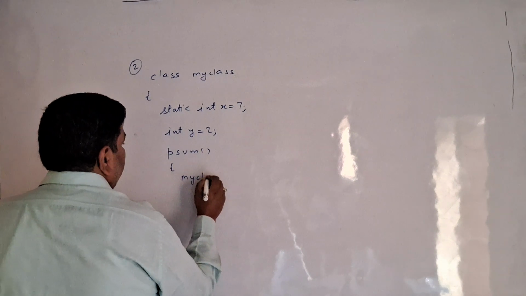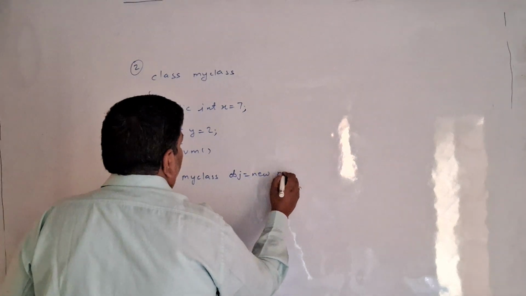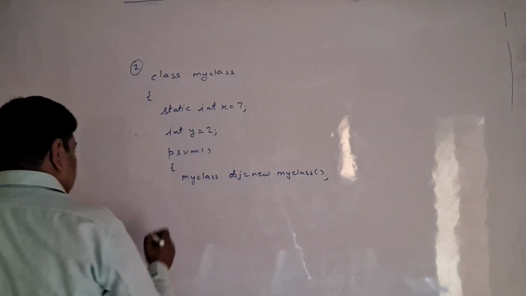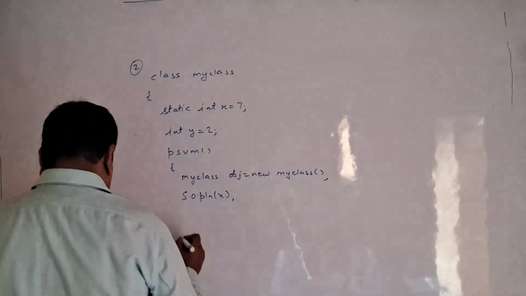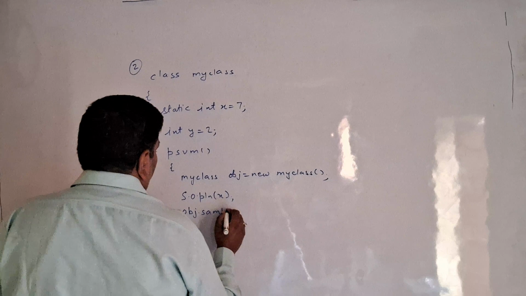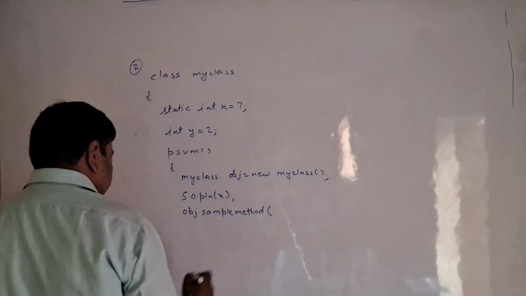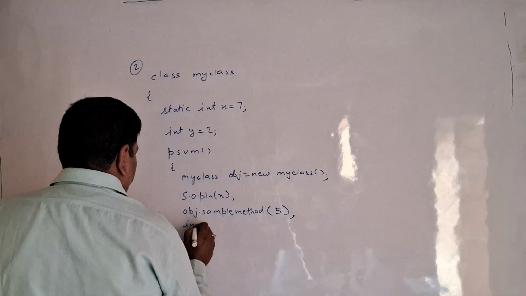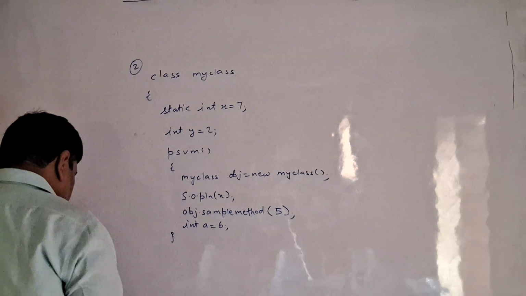Then object of the class is made, my class obj equal to new my class. System dot out dot println x, obj dot sample method. This is the name of a function given, sample method. We are passing any value like 5, then int a equal to 6, main is closed.